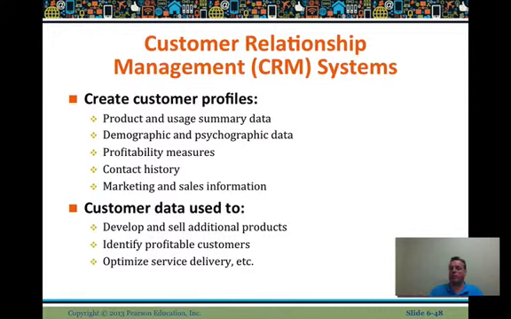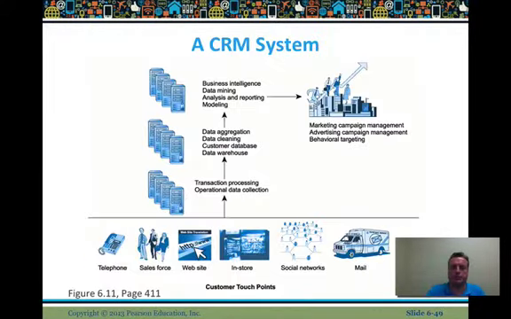Identify profitable customers as individuals or as groups of customers for new product lines, and to optimize services and delivery mechanisms, to understand their satisfactions, dissatisfactions, fix problems, improve even good delivery and engagement. So CRM system, this is a great area that you need to be thinking about for any e-commerce environment. Should be a key part of your holistic end-to-end e-commerce.